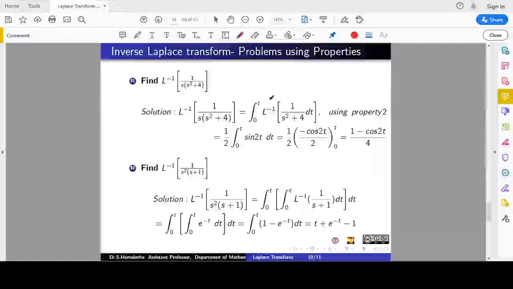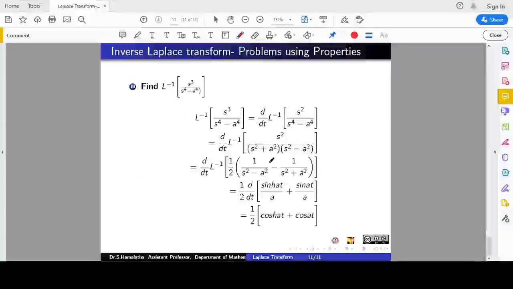Yes, you can apply the 0 to t property, integrate and get the result. This is for s square, so I am applying the integral twice, and this is how we go with application of properties.